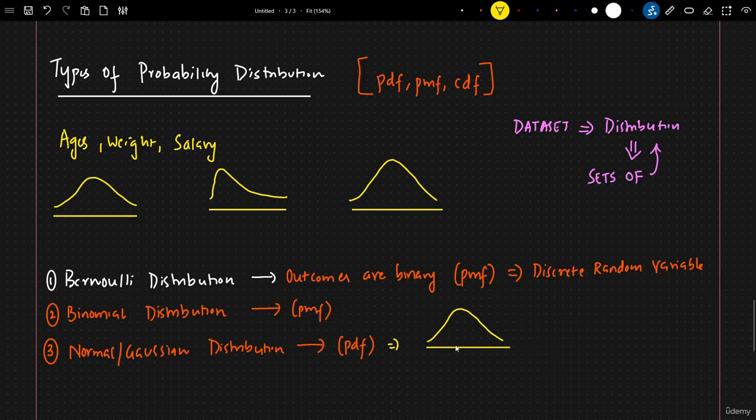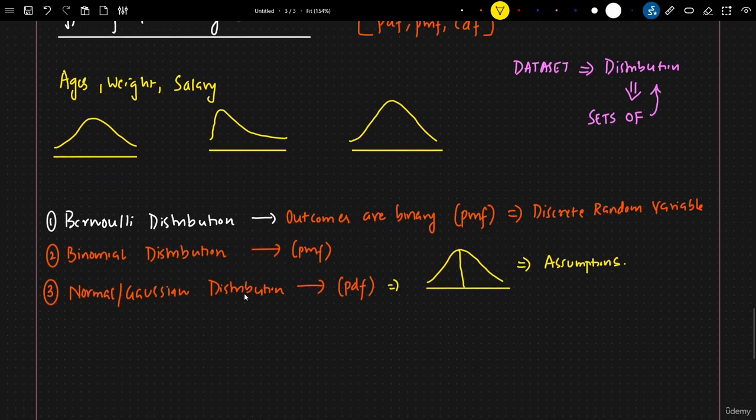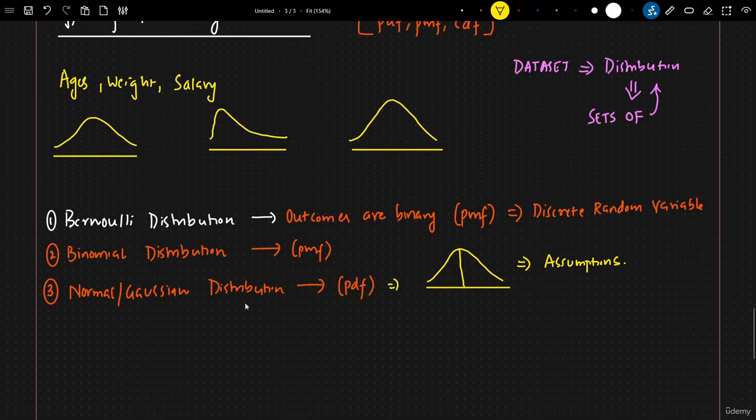Why is this distribution important? Because based on it, there are some properties or assumptions that this distribution will follow. Because of this, we'll be able to make those assumptions and train our model much more efficiently. Even for data analysis, this will be very helpful for the data analyst.